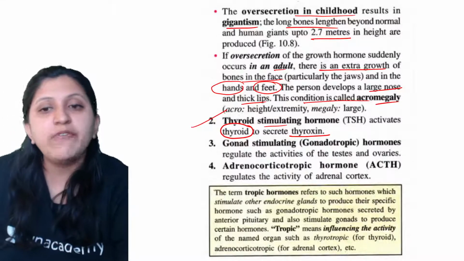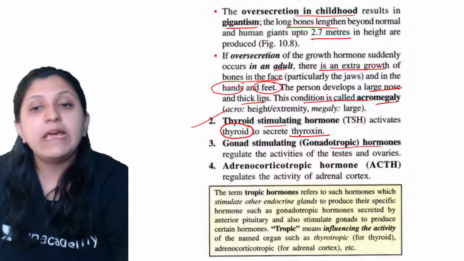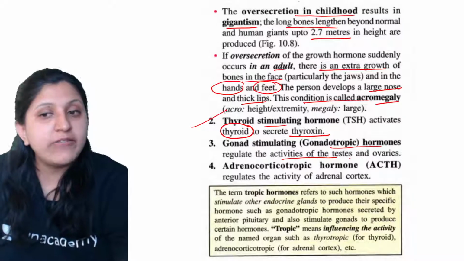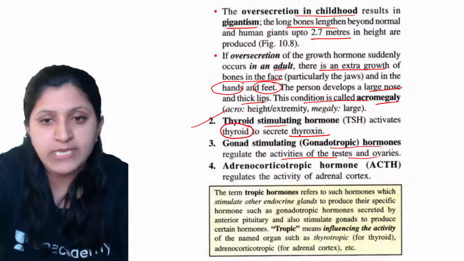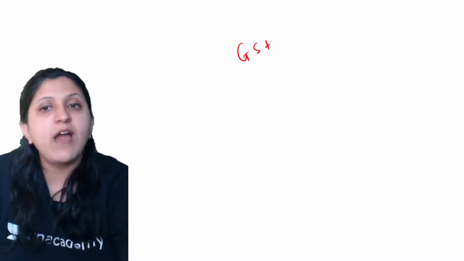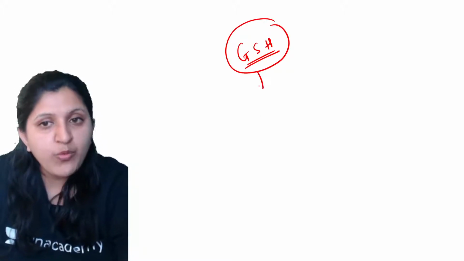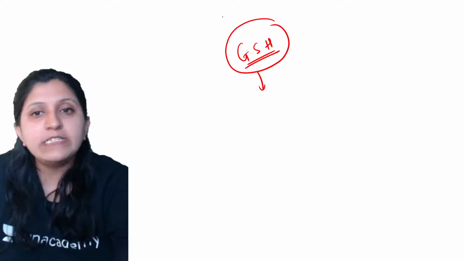In the same way, gonad stimulating hormone, or gonadotropic hormone, regulates the activities of the testis and the ovaries. These gonad stimulating hormones are released by the anterior pituitary.